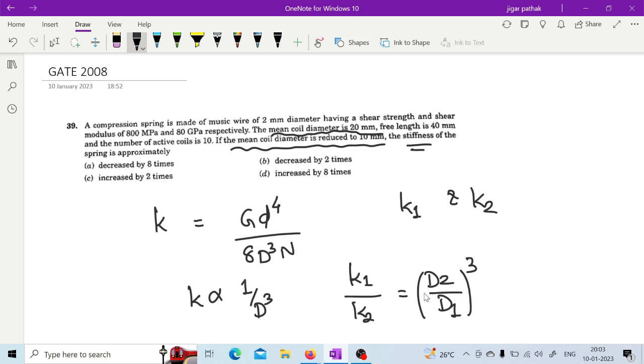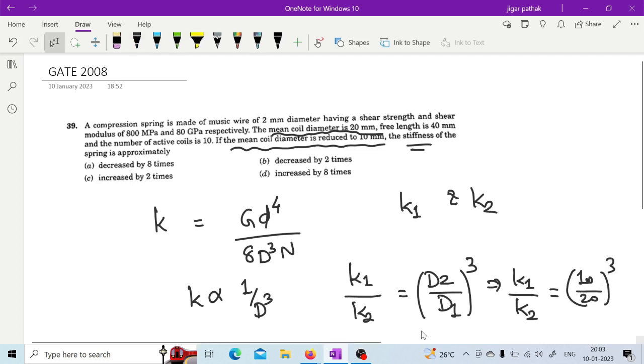D2 is 10 and D1 is 20. So the stiffness of the spring is approximately increased by 8 times, right? I told it wrong earlier, it will increase, because K2 is equal to this 10 by 20 cube.